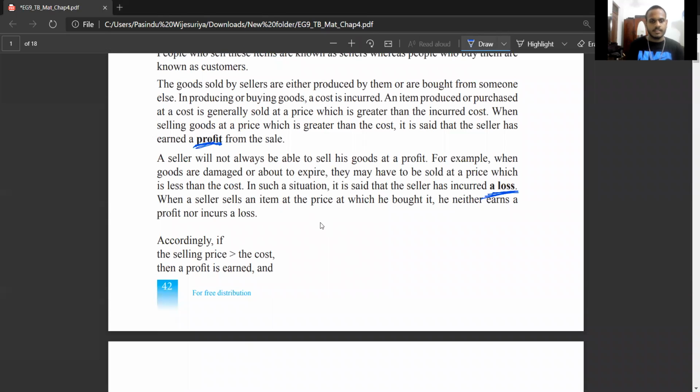Exactly, if the selling price is higher than the cost, it's a profit. If the cost is higher, like when you are buying the product initially and you're selling it for a lower price, then it's going to be a loss.